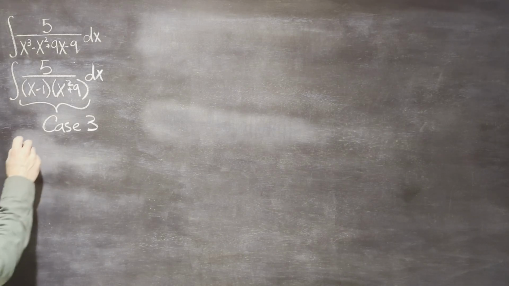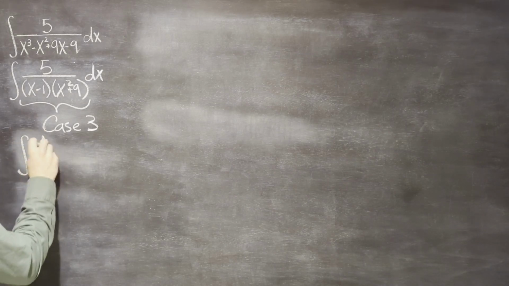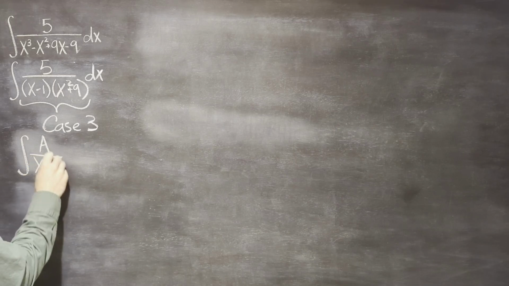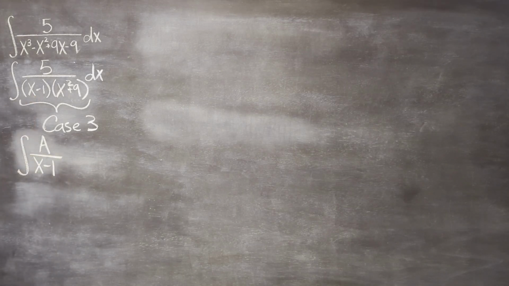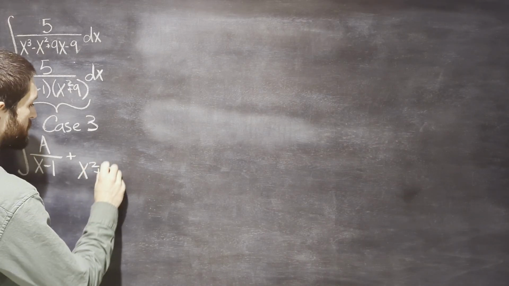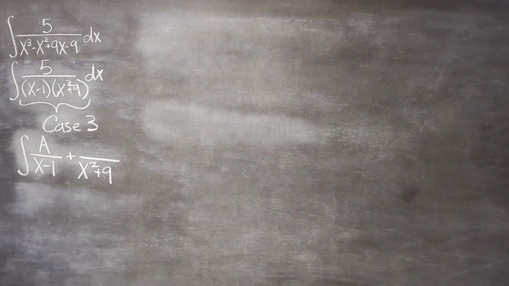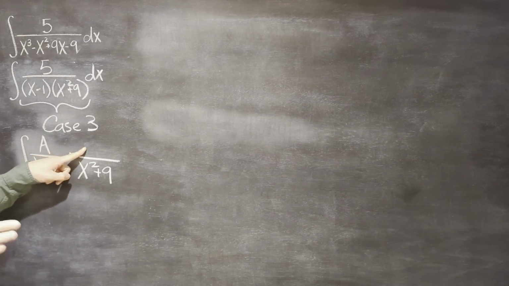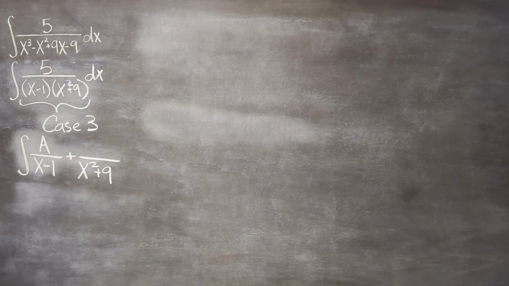So when we rewrite this integral, we'll still have some constant a divided by our linear factor x minus 1, and we'll create a term for our quadratic factor of x squared plus 9. But whenever we create a term for one of our factors, the numerator has to be 1 degree lower than the factor associated with it.